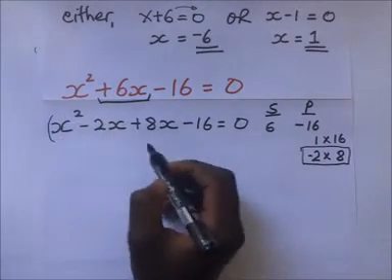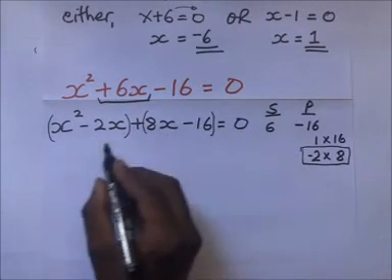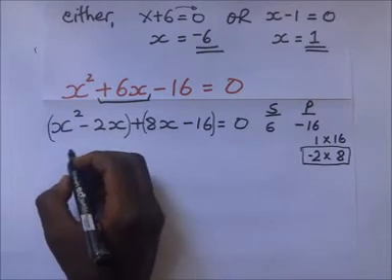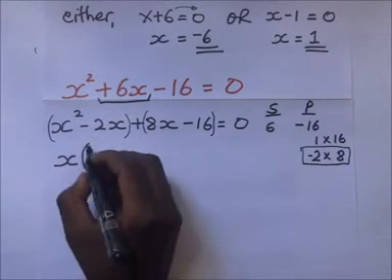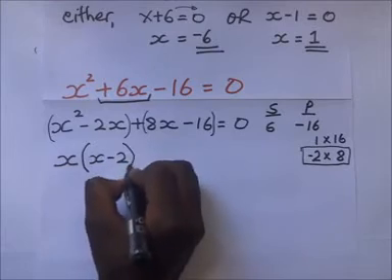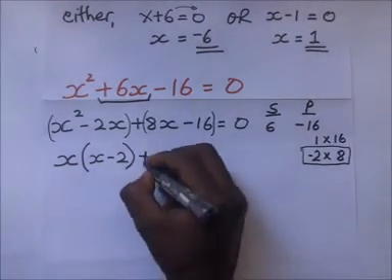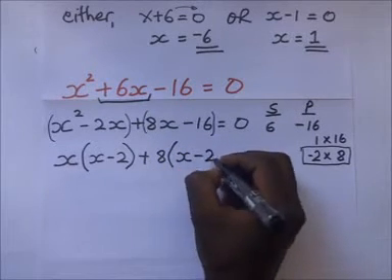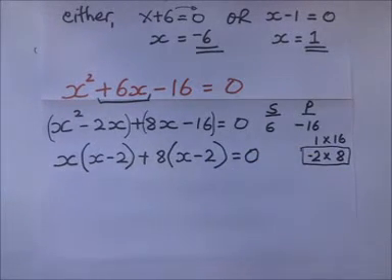Again, we shall introduce the brackets, and the common factor here is going to be x outside the brackets into x minus 2, then it's going to be plus 8 into x minus 2 still, equal to 0.